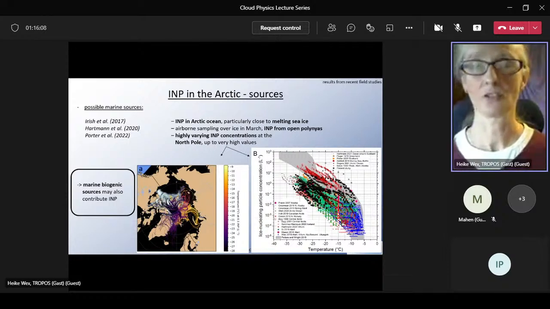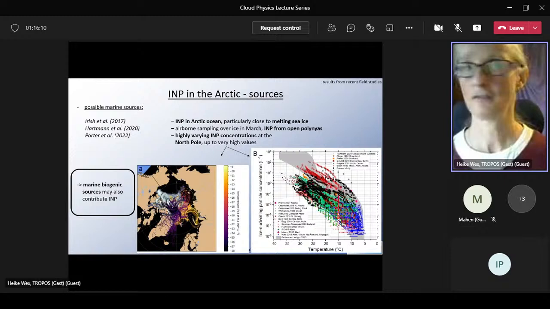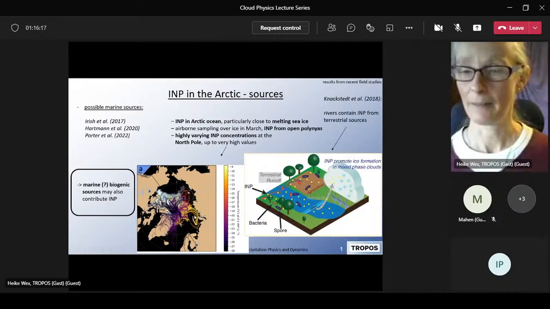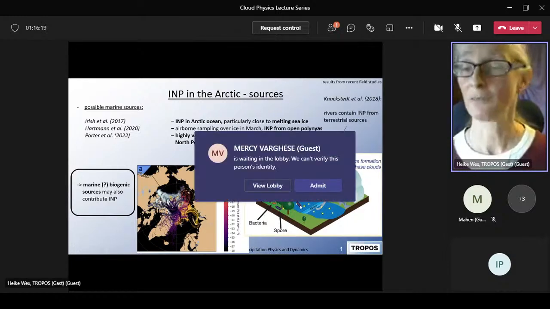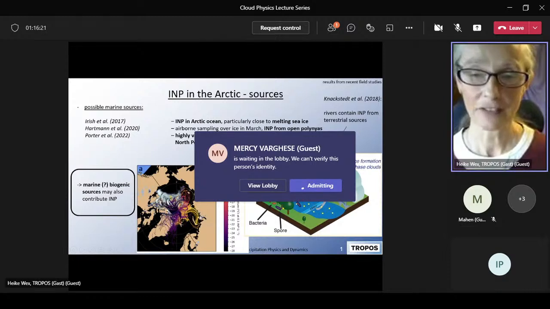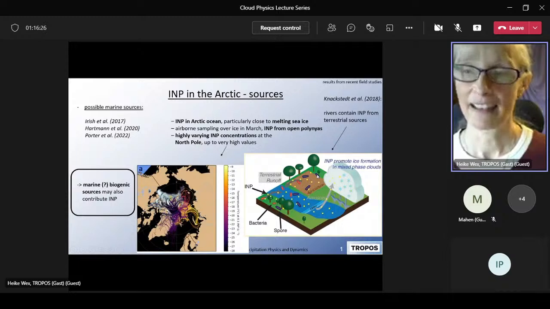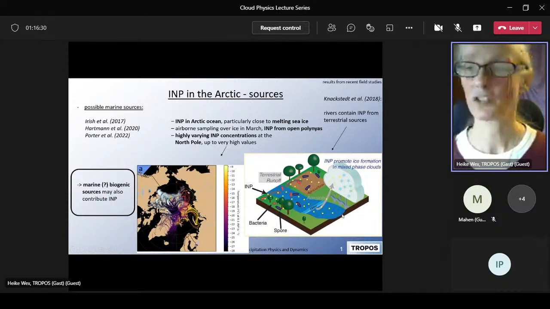And now I'm introducing a puzzle to you that we need to solve, and you will stay puzzled after I'm finished. So that seems to be a very high source, but one possible reason could be you have rivers running into that region, and we do know that INP can be washed off from soils into rivers and then transported into the ocean.